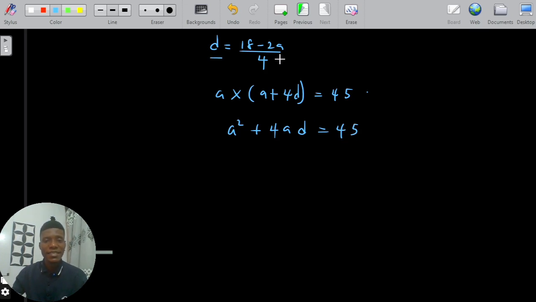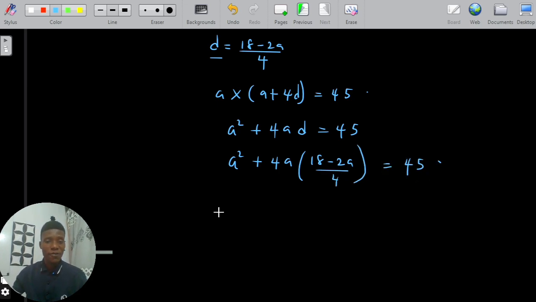And our d is (18 minus 2a) over 4. So we have a squared plus 4a times (18 minus 2a), all over 4, and everything equals 45. Now, the 4 is common to both, so they can divide each other.